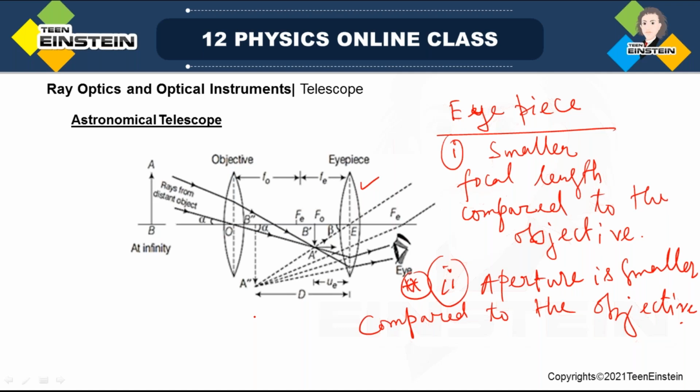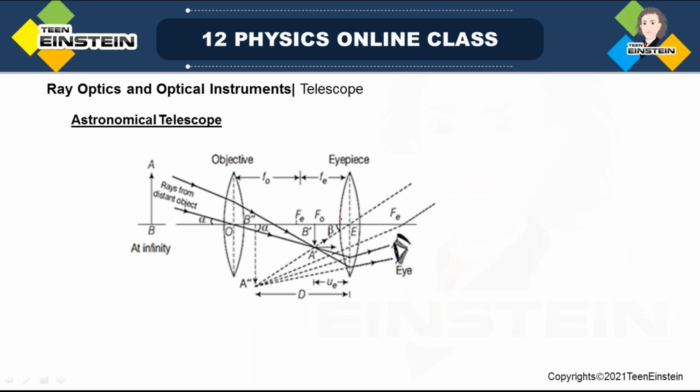Now see, the working principle is that the light coming from a distant object means the light will be parallel. As you know, for a convex lens, if parallel light comes, they will converge. If the light is parallel to the principal axis, they will surely converge at the first focus.